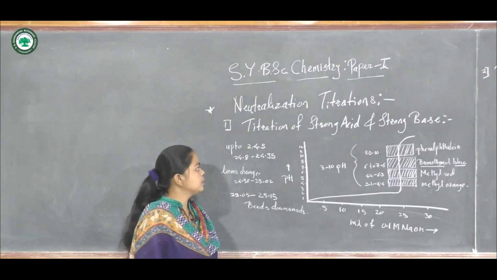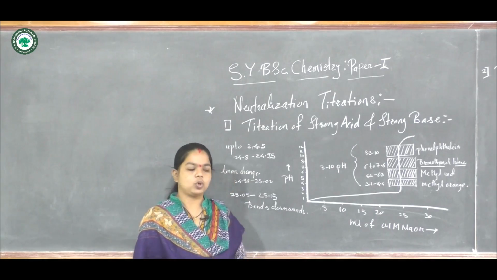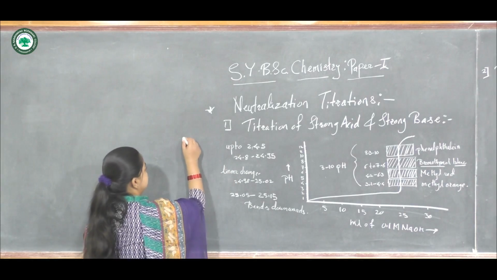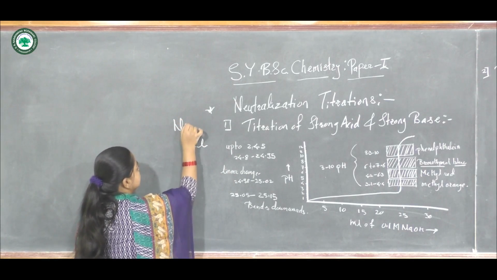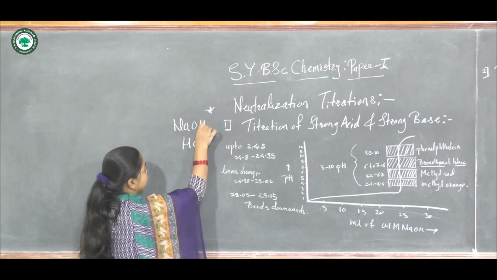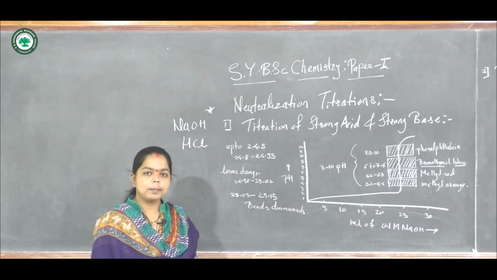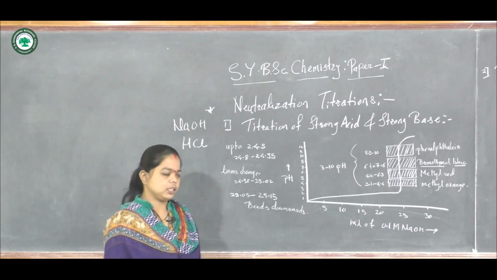Now let us start with the titration of strong acid and strong base. The example of a strong acid and base is HCl and NaOH. We are going to consider the titration of a strong base like NaOH with a strong acid like HCl.